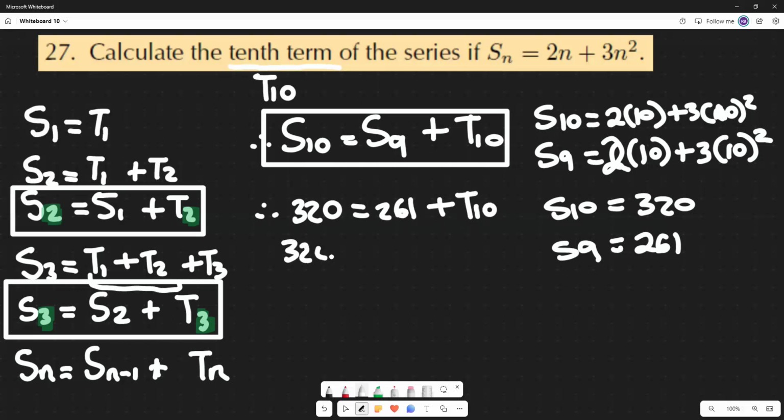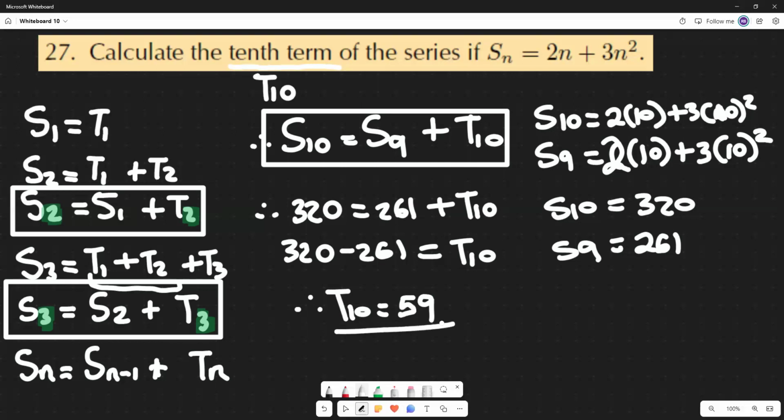So 320 minus 261 equals term number 10. So let's see, what does that give us? We can see that therefore term number 10 equals 59. All right.